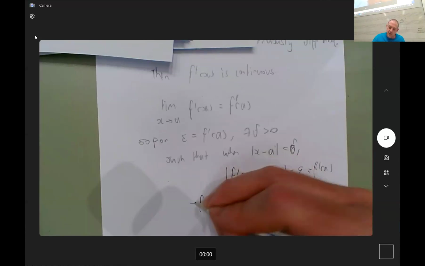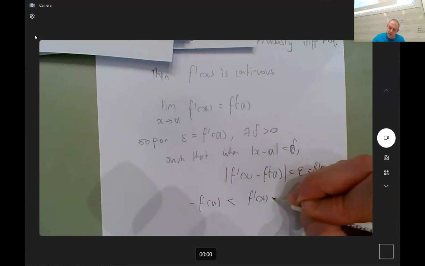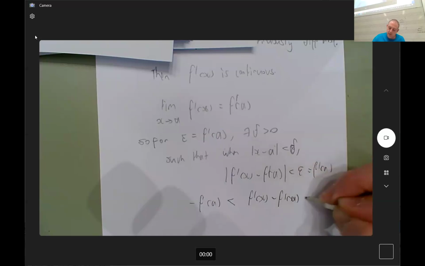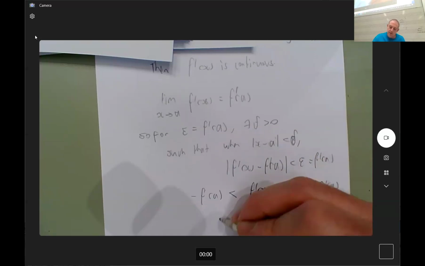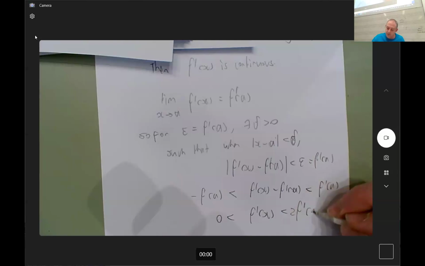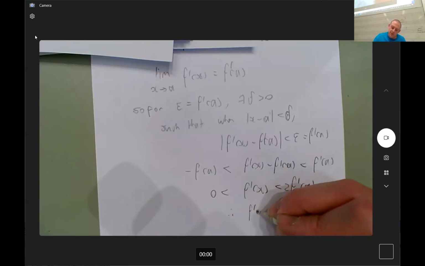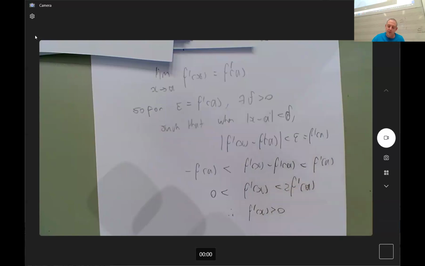And so, same reasoning I did before, but with f dashed of a directly. And so therefore f dashed of x is definitely positive for every number in that zone. I can be sure about that.